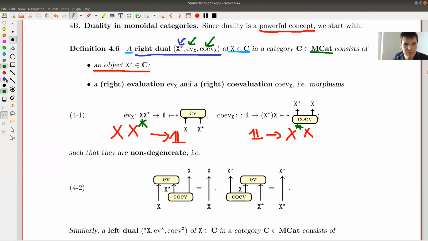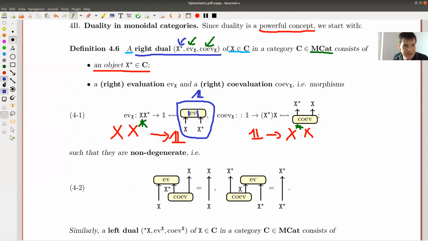I will draw those little pictures because I never can remember how the abstract definition looks. So this is my evaluation picture. It has an x input and an x star input, and it goes to the identity, which is omitted, so it goes to nothing, and I just put a box labeled evaluation.